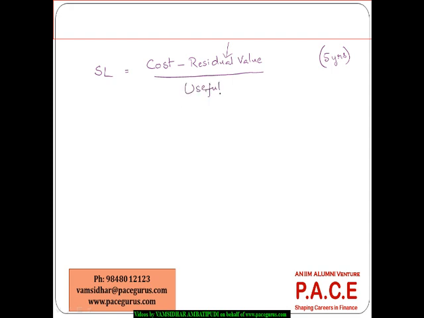So basically, if I have purchased something for 10,000 bucks, I am expecting that at the end of 5 years, I will dispose it off and I get 1,000 bucks. 5 years is the life of it. Then on a straight line basis, I will allocate 1,800 bucks as the depreciation expense for that period. But when I am using an accelerated method, I'll try to increase the number a little bit.